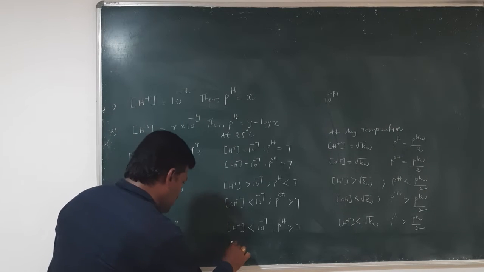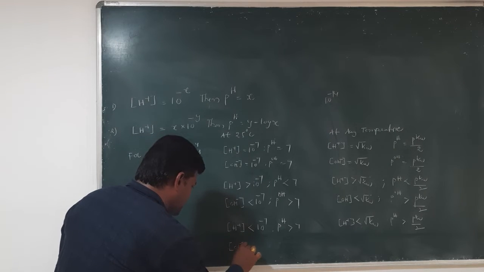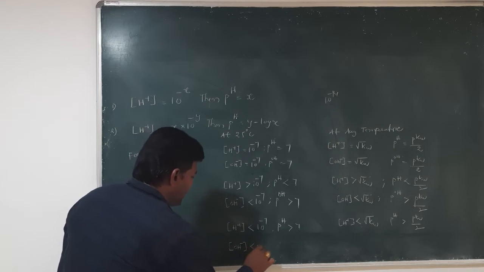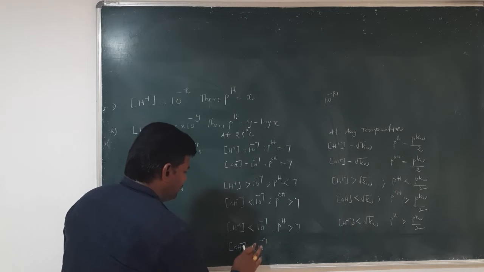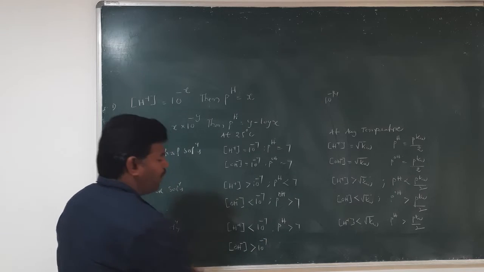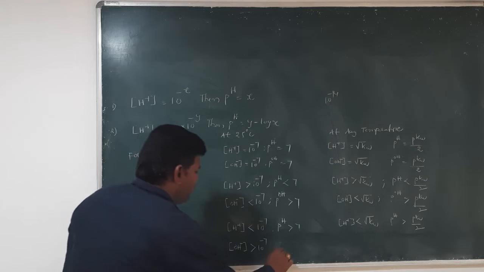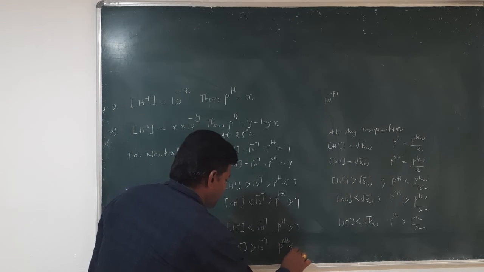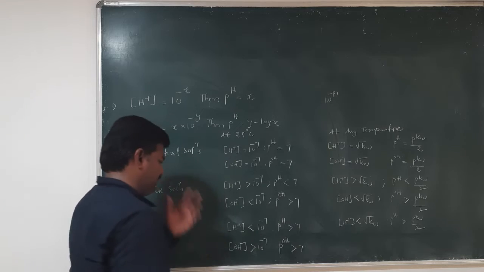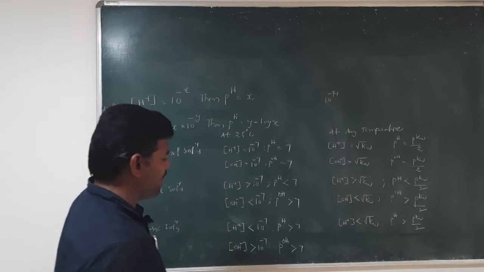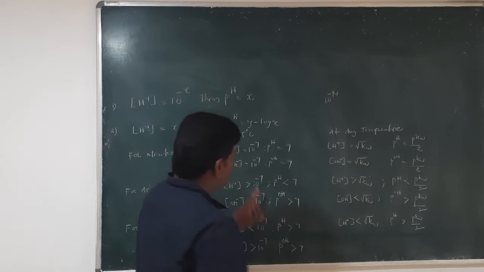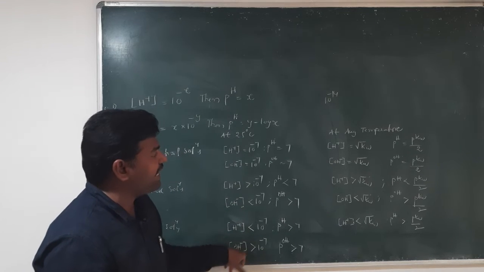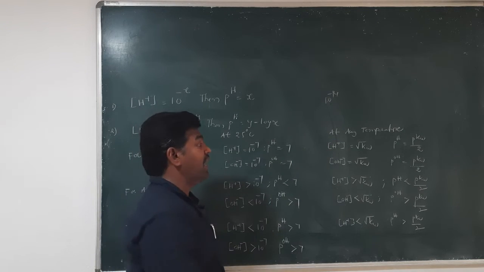The concentration of OH minus ions is greater than 10 power minus 7 and pOH is less than 7. This is at 25 degree centigrade and this is at any temperature.